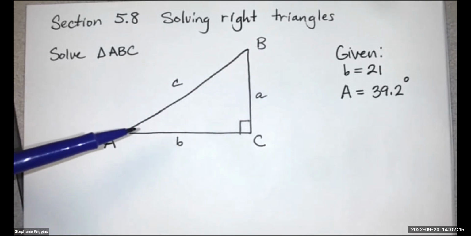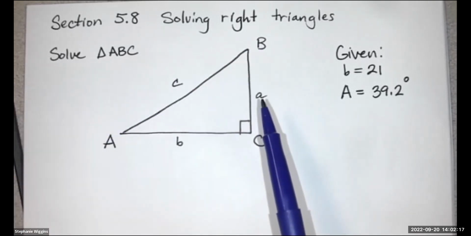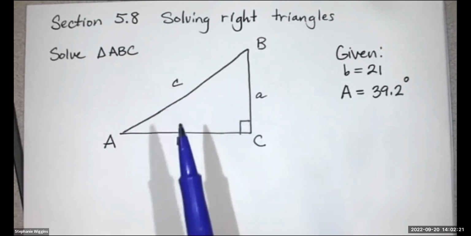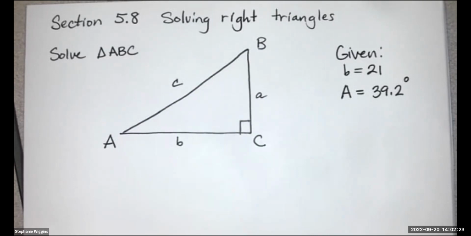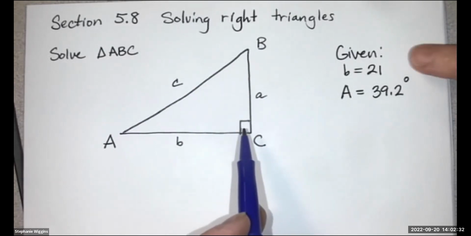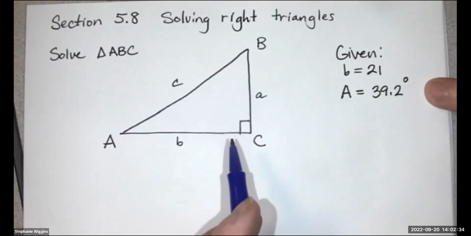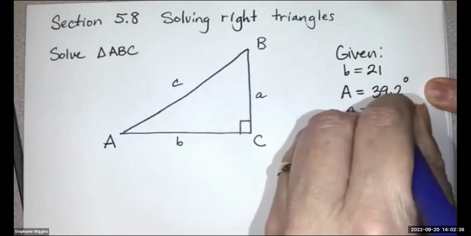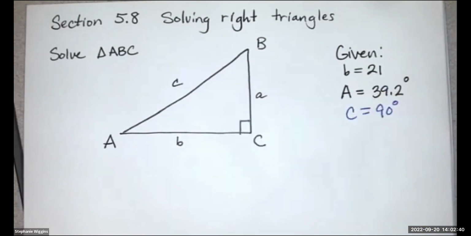Capital A is this angle, and opposite that is lowercase a. Then we have our right angle here, and c is the hypotenuse. The hypotenuse is always opposite your right angle in a right triangle. It looks like we only have 2 pieces of information, but we actually have 3 because we know this is a right triangle. So C is 90 degrees.